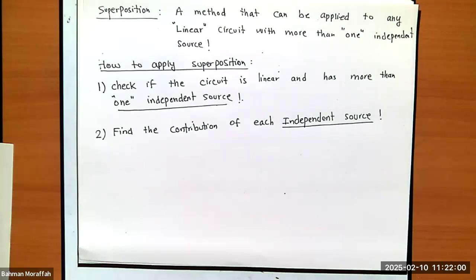But what do I mean by zeroing out a source? What it means is that whatever source I have, whether it's a current source or a voltage source, I have to set the value equal to 0, right? What is a voltage source that has a value 0? It's just a wire, right?